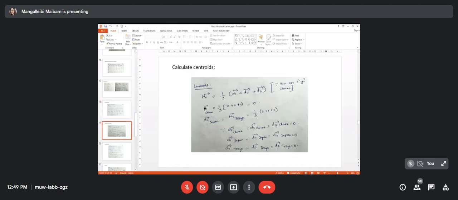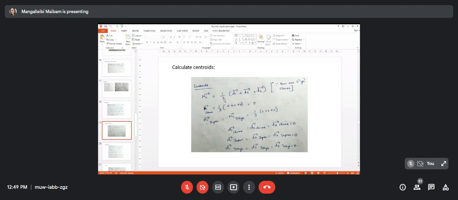Then centroids. How to find the centroids? As you know, the centroid is the center of the three documents: D1 vector, D2 vector, D3 vector. Since there are three documents in the yes class, for the centroid of the yes class, mu c, we find document vector 1 plus document vector 2 plus document vector 3, multiplied by 1 by 3.